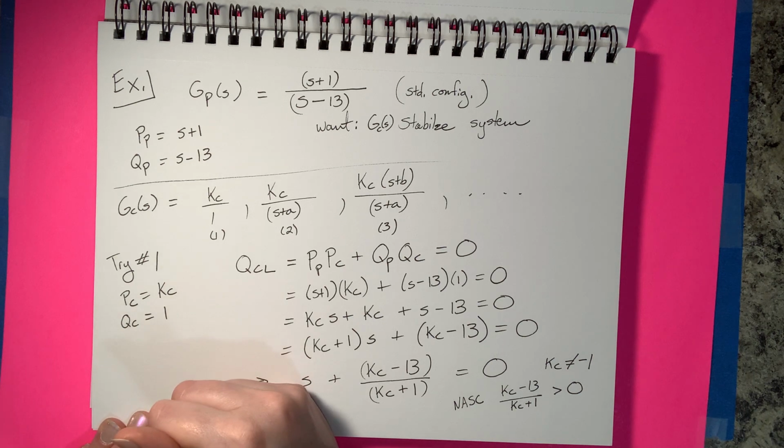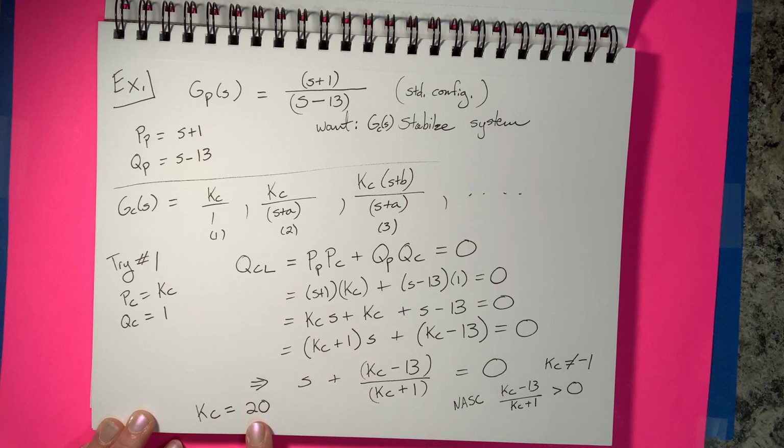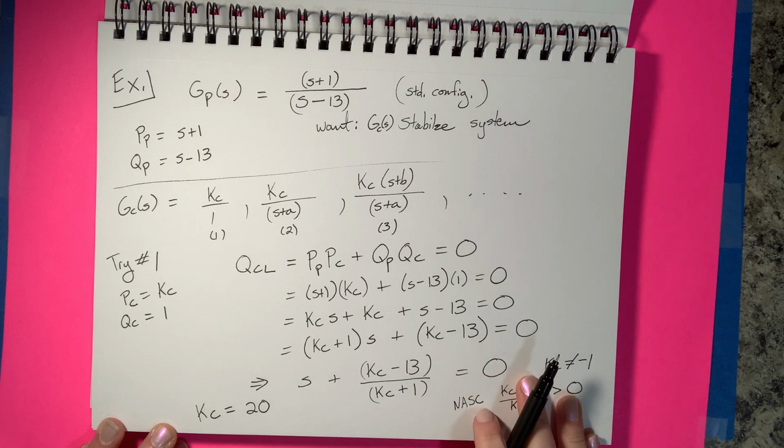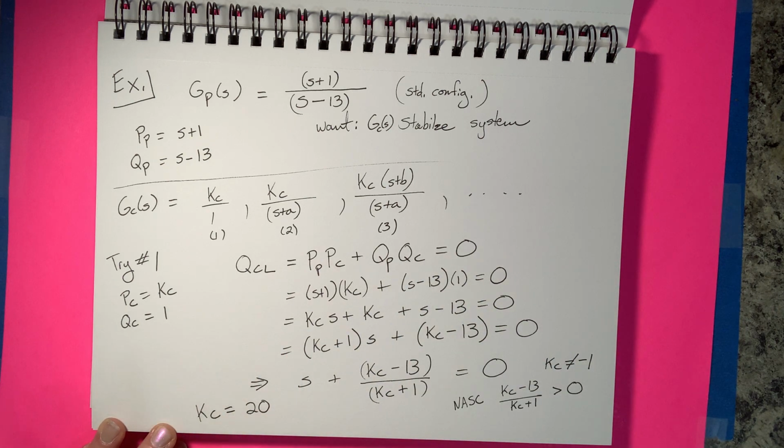Let's say, for example, KC equals 20. KC equals 20 would leave us with a 7 on top and 21 on the bottom. Okay, so it would be 1/3, and that's greater than 0. And in general, as we increase KC in value, we should see the left-hand plane roots move further out into the left-hand plane.